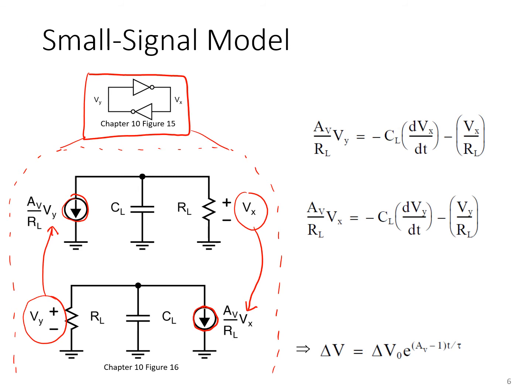So just to be clear, we've got the capacitors CL on each of these nodes, representing all the capacitances on those nodes, and there may be just parasitic gate source capacitances.